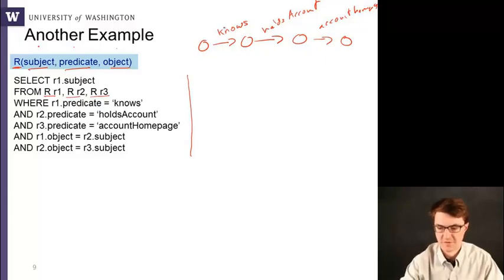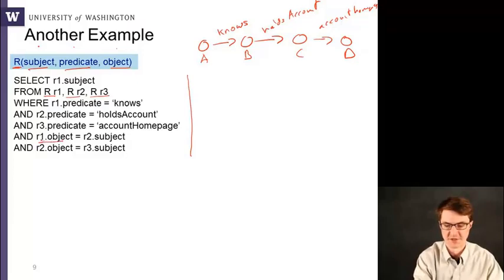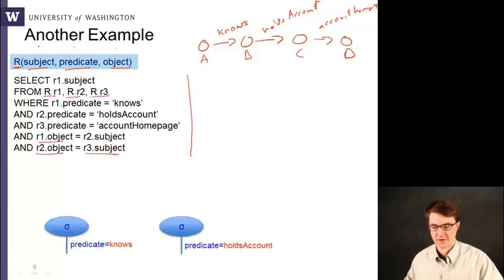All right. So find me all possible combinations in this table, all instantiations of A, B, C, and D such that this pattern matches. The joins are specified by these conditions. The object of the first relation must be equal to the subject of the second relation, and the object of the second relation must be the subject of the third relation. So I'm looking for patterns in the graph that look like this.